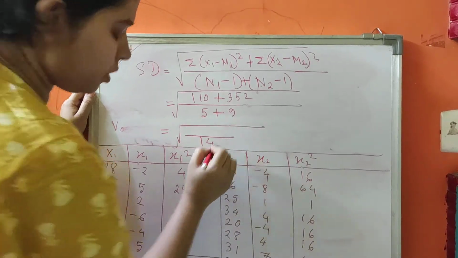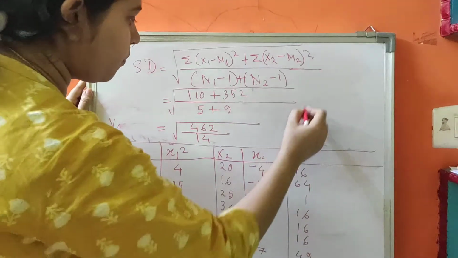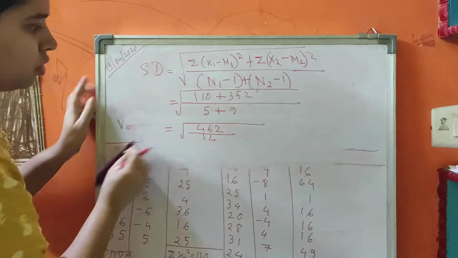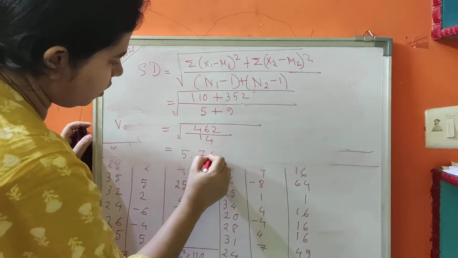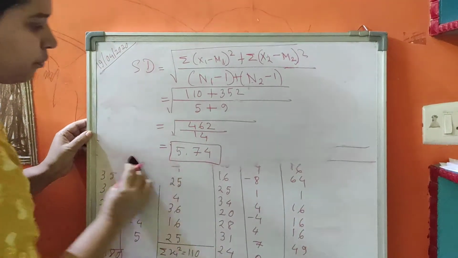So it will be the square root of 462 divided by 14, which is 5.74. This is the value of pooled SD.